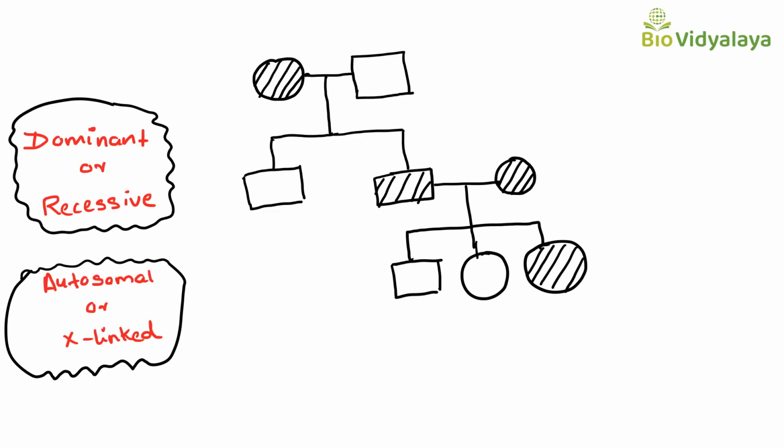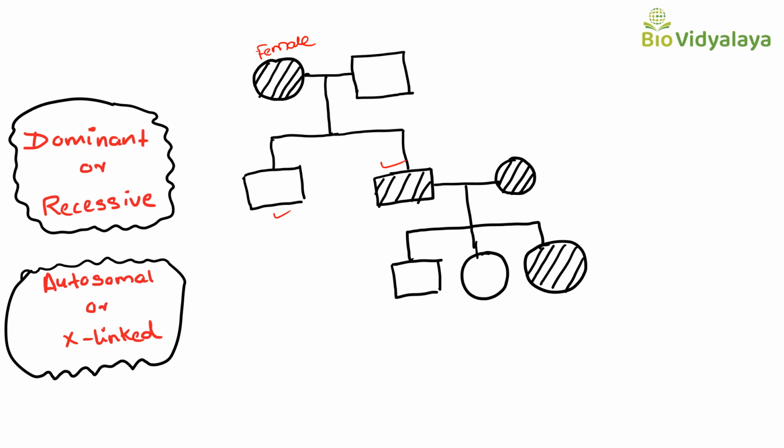So let's see how to analyze this pedigree. First, we have to check whether it is mitochondrial inheritance. Here you can see that this female is affected, but all her kids are not affected. This is not affected. Only one kid is affected.